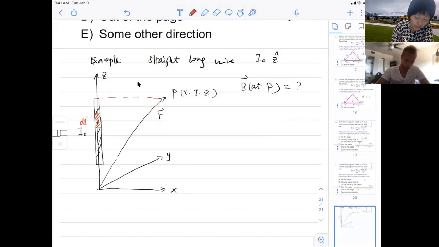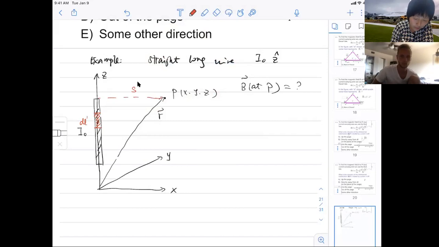So I'm going to call this P at a radius s away from the center. Because my current is on the Z axis, I can label my source as located at Z prime. Even though I have drawn it really long, exaggerating, it's really just at one location, which is simply Z prime.